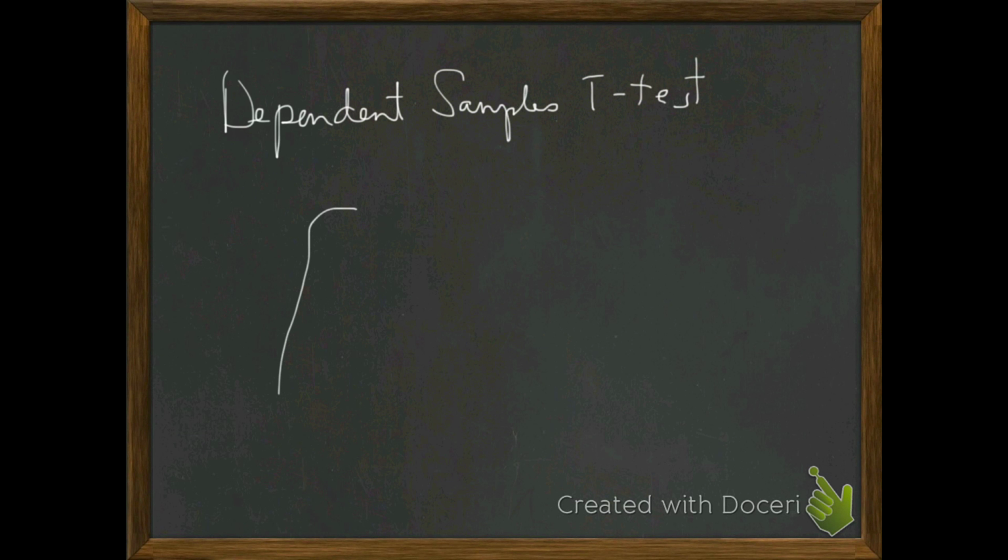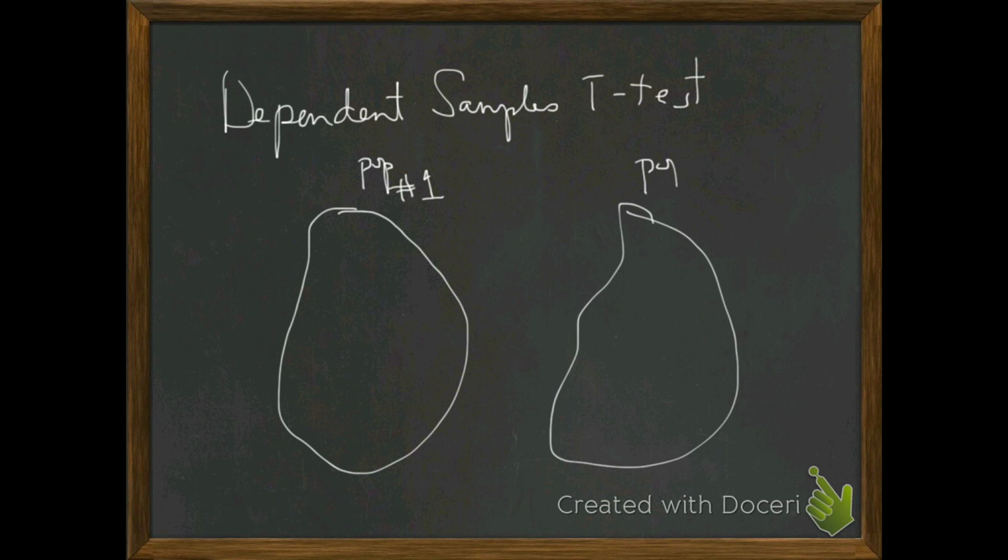Now, what's the difference in an independent and a dependent? A dependent samples t-test, still you can think about this as being population number 1 and this being population number 2, but the measurement over here is in some way related to the measurement that we take over there.